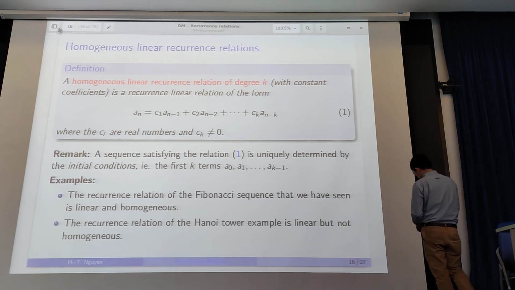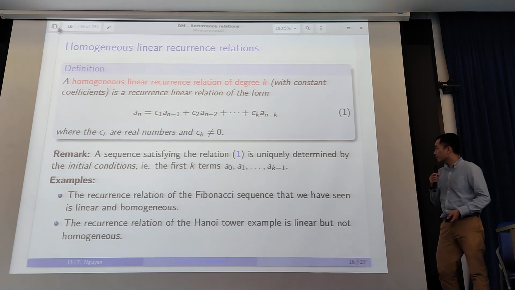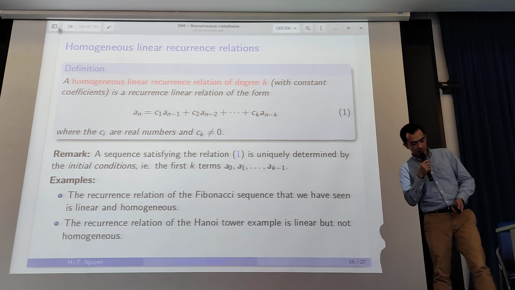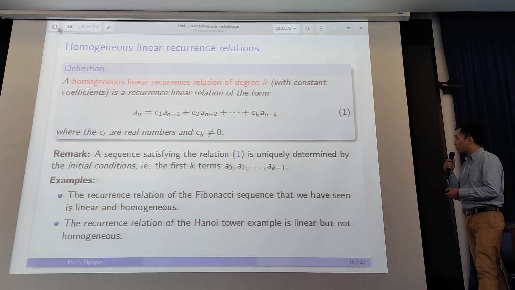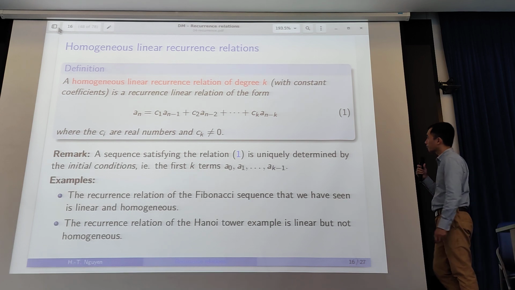Okay, so among the examples that we have seen, the first one about the Fibonacci sequence is a homogeneous linear recurrence relation of degree 2, and the 2 others are linear recurrence relations but not homogeneous. Okay?